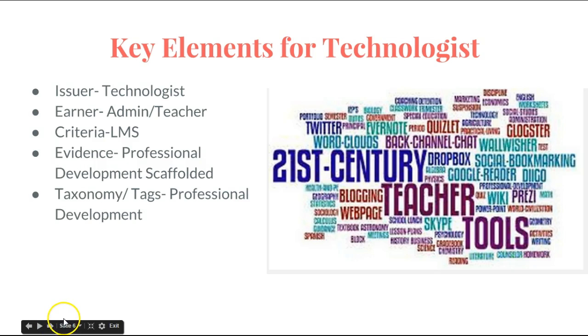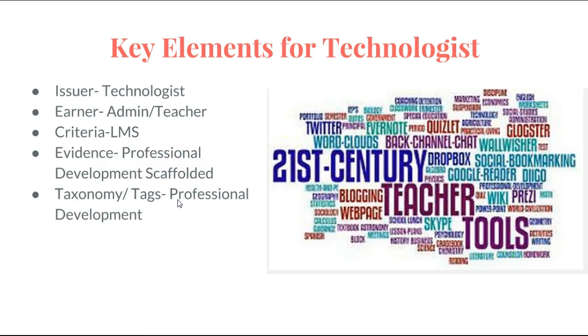Some key elements for technologists, again, using those standards: the issuer would be the technologist, the earner could be the administration or the teacher, the criteria would be the LMS, and the evidence could be a scaffold of professional development.